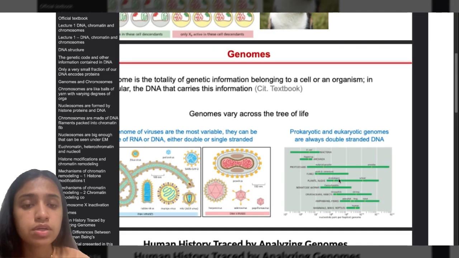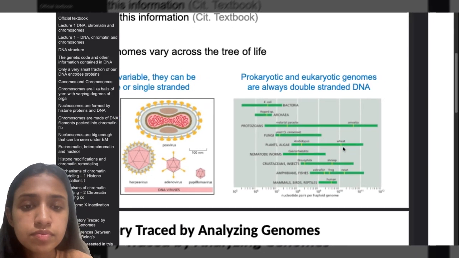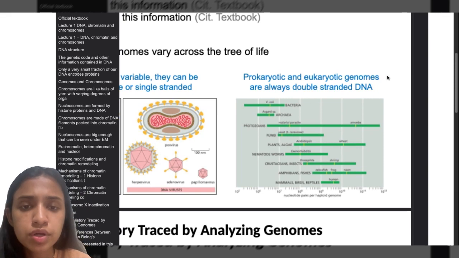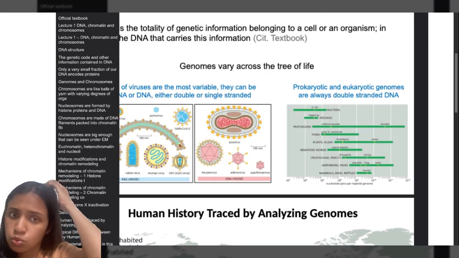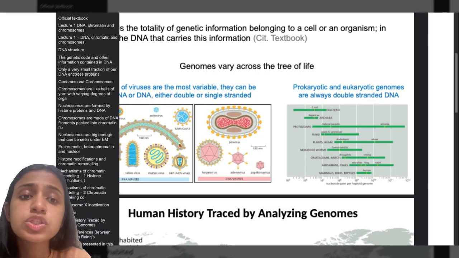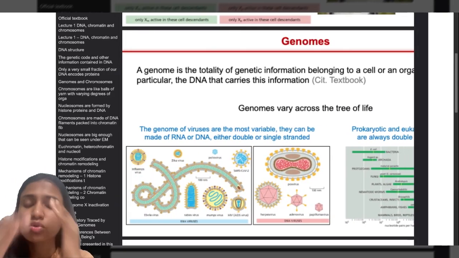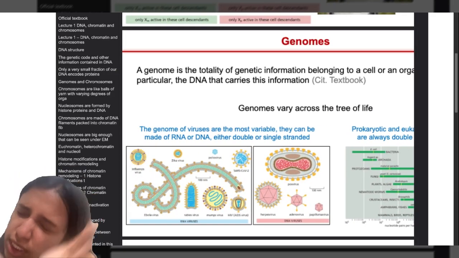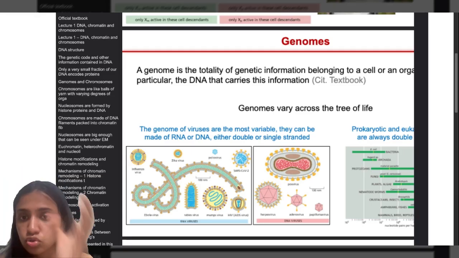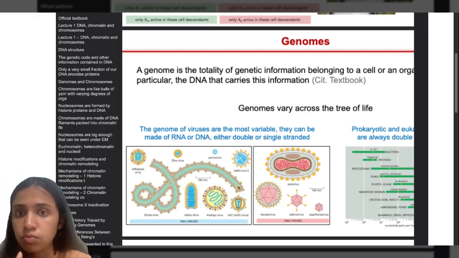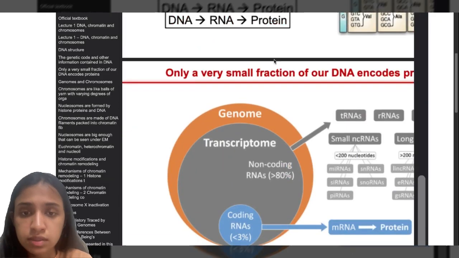And then prokaryotic and eukaryotic genomes are always double-stranded DNA, right? So it doesn't matter which genome it is, or whether it's prokaryotic or eukaryotic, it's always double-stranded. So the genome is essentially the totality of genetic information, not just the gene itself, but the total thing. Remember, all the way up here, when we were talking about this, this is the whole genome.